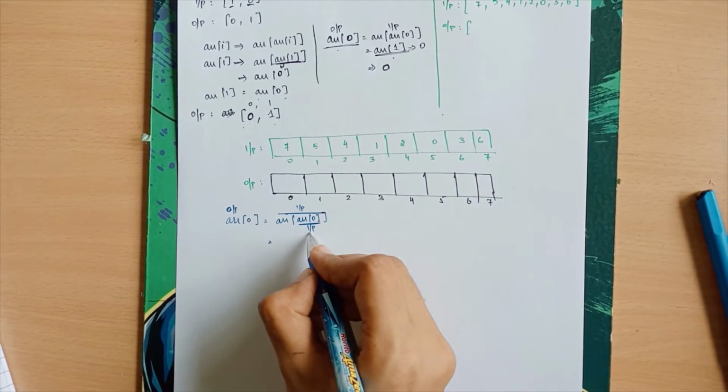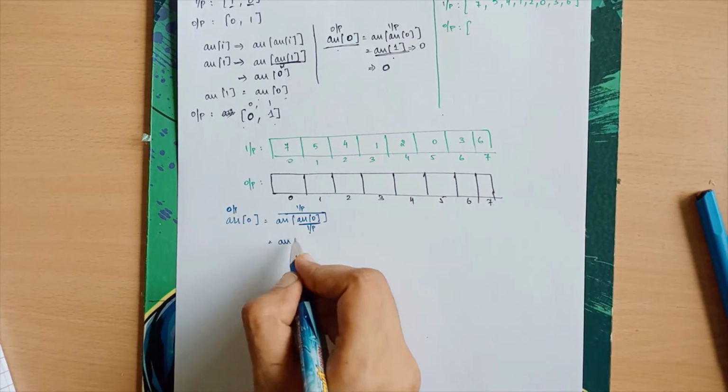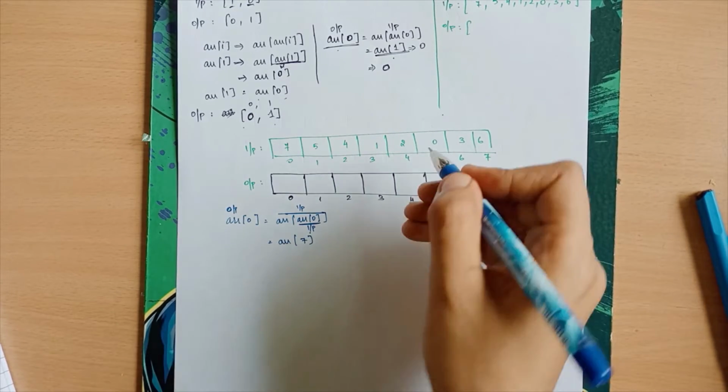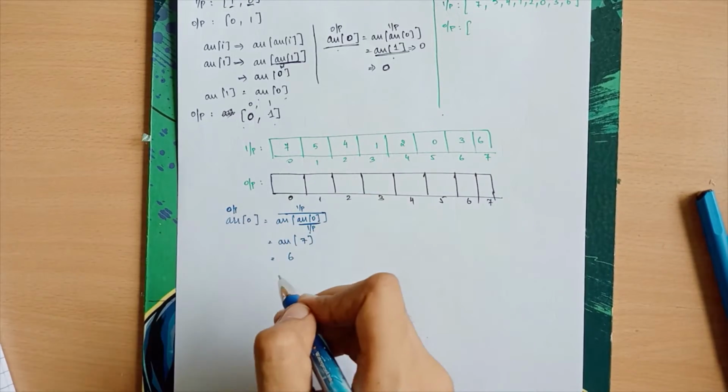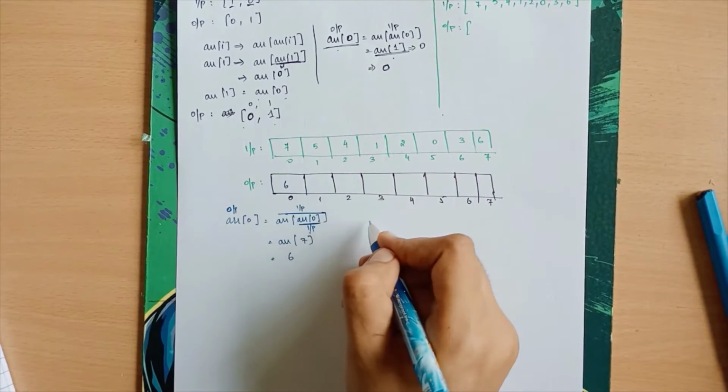What is array of 0 right now? It is 7. So what is array of 7 in the input array? It is 6. So the output array of 0 is going to take the value 6.